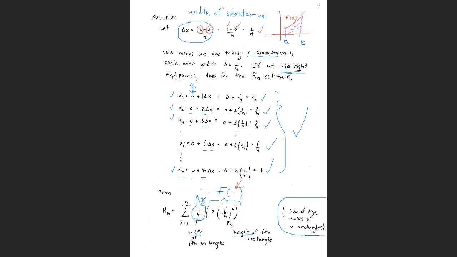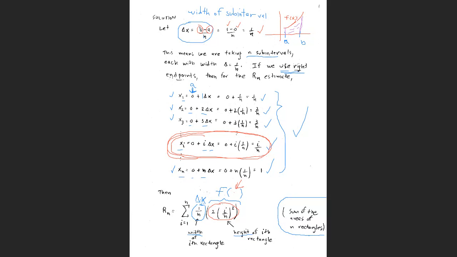Give you a little hint. 2 times the quantity i over n squared is the same. That is the height of the ith rectangle.